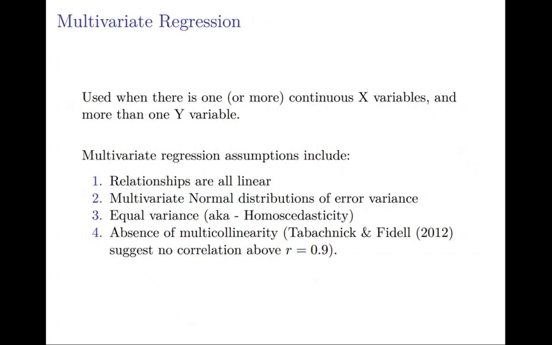And multivariate regression assumptions include that all the relationships are linear, and that there's a multivariate normal distribution of the error of variance. So back to that multivariate normal, because we're thinking about more than one y. There's equal variance, again, homoscedasticity, and then there's the absence of multicollinearity, which really just means that your y variables aren't correlated.